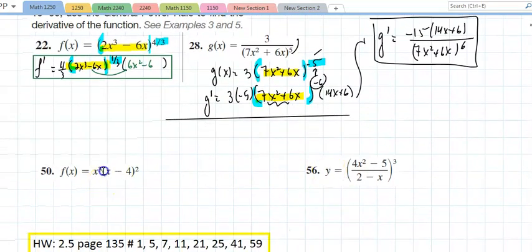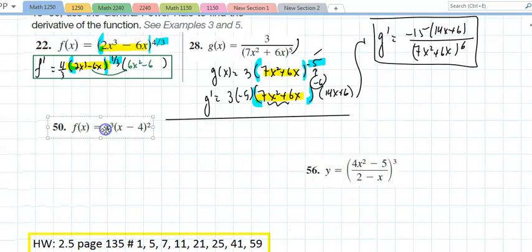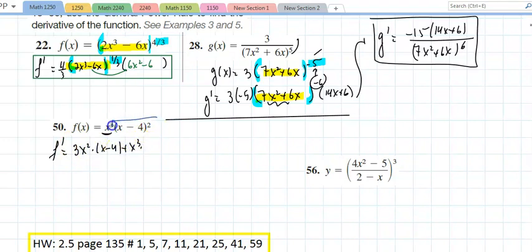I want to take the derivative of this. Well, this requires me to take the product rule. F prime would be derivative of the first, which is 3x squared, times the second, plus the first times, what's the derivative of this? Chain rule.